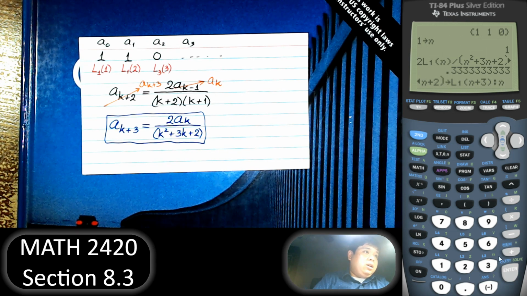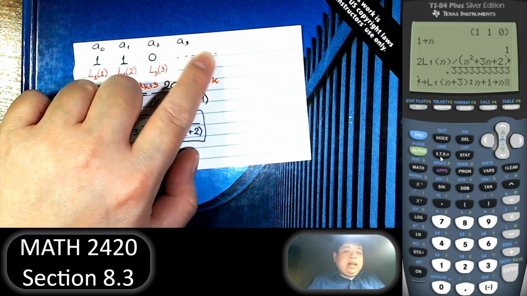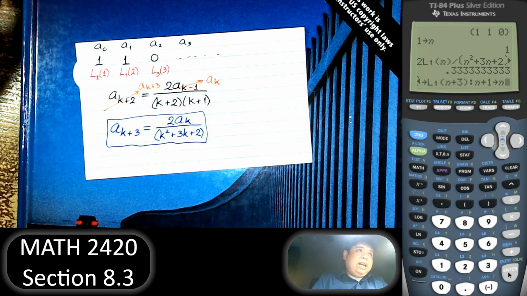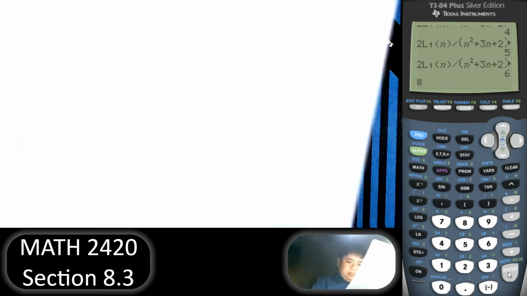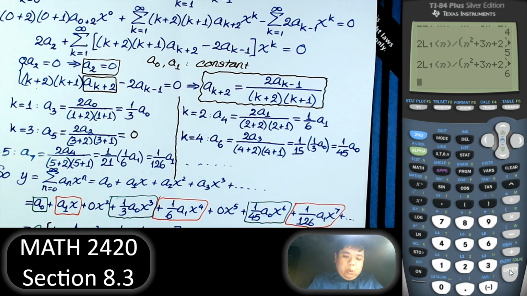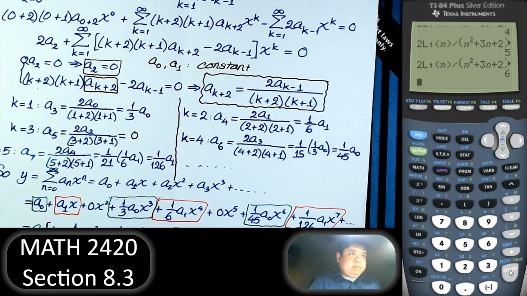So we say n plus 1 store into n. After it generates the list, it updates n. So when we do that, you will see n equal to 2, 3, 4, 5, and 6. How many do we have? Up to a sub 7, meaning we need up to 8, right? Doesn't matter, we just keep going. And now let's look at the list in fractions.